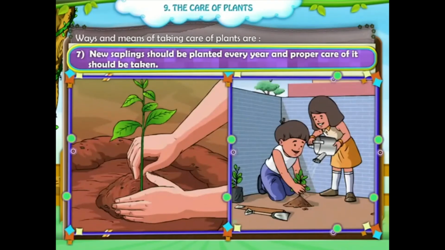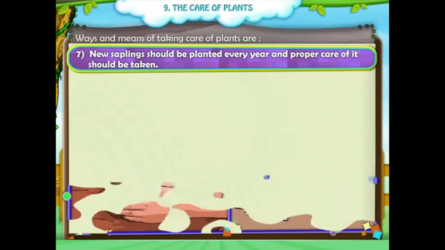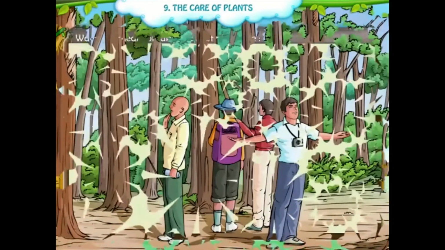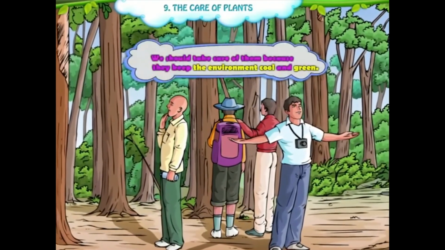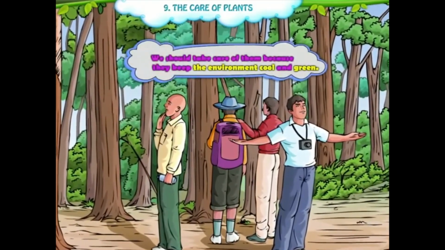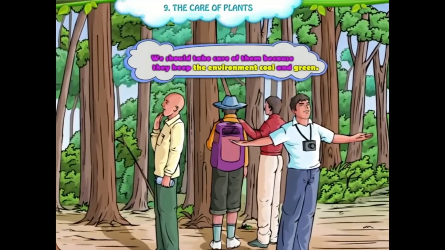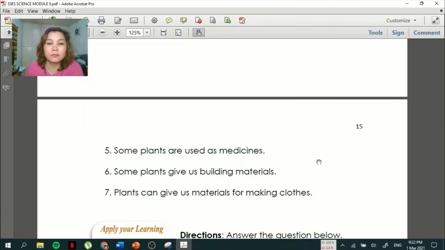New saplings should be planted every year and proper care of them should be taken. Trees are our friends, so we should take care of them because they keep the environment cool and green.